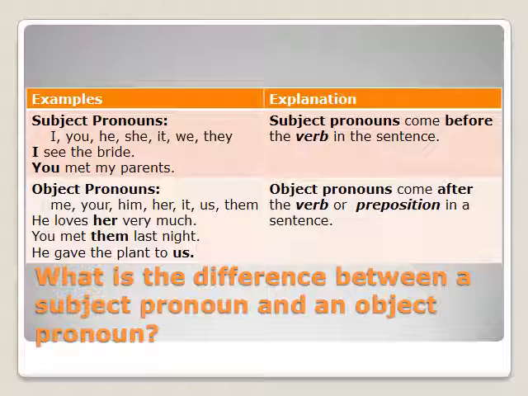So the difference between the object pronouns and the subject pronouns is that the object pronoun is going to come after the verb, or it can come after a preposition. The example with the preposition is the last one, where it says he gave the plant to us. To is the preposition, and so we use the form us, not he gave the plant to we.